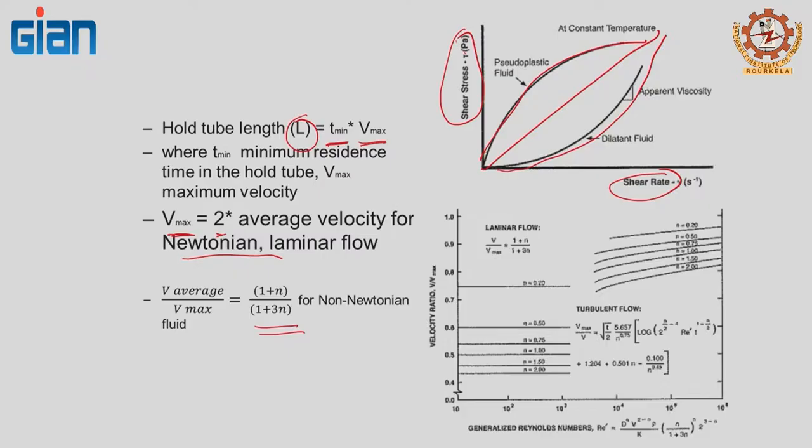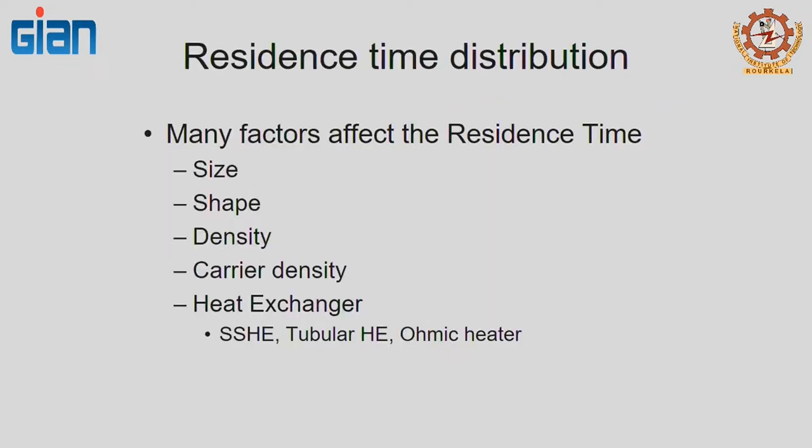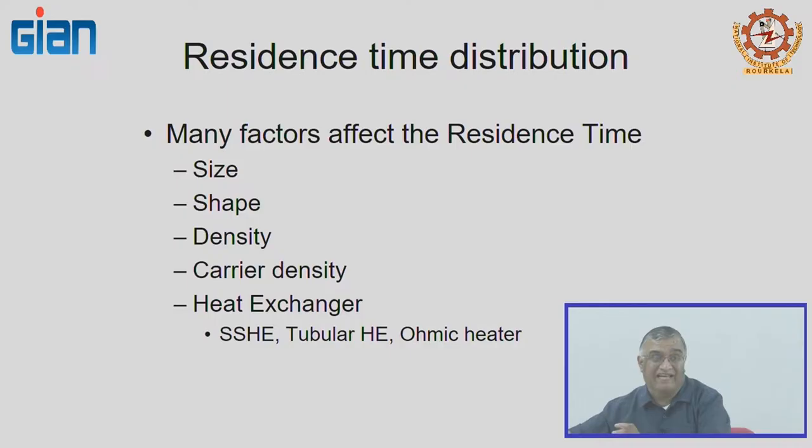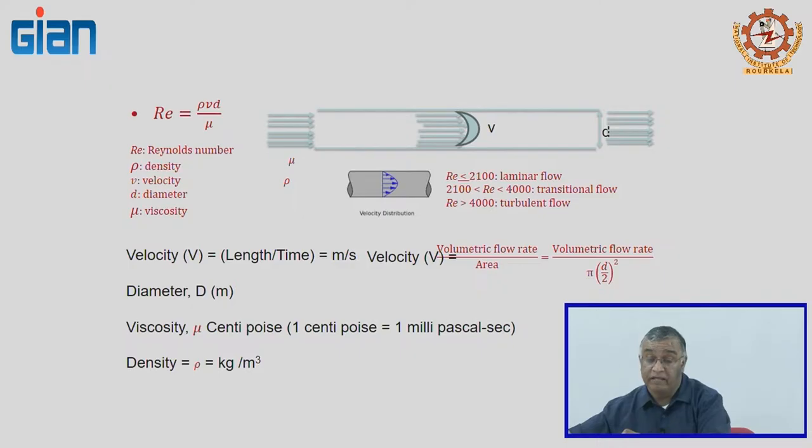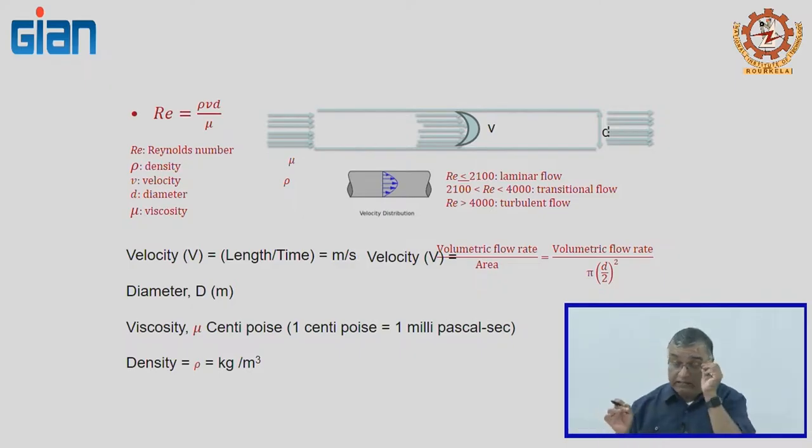For the purpose of this class, I am going to skip all the details, but if you are interested, there are a lot of books available where you can get into the details. The residence time is also affected by the size, shape, density, heat exchangers and so on. So, you have to consider some of those things. And the other thing you also need to consider is the Reynolds number.